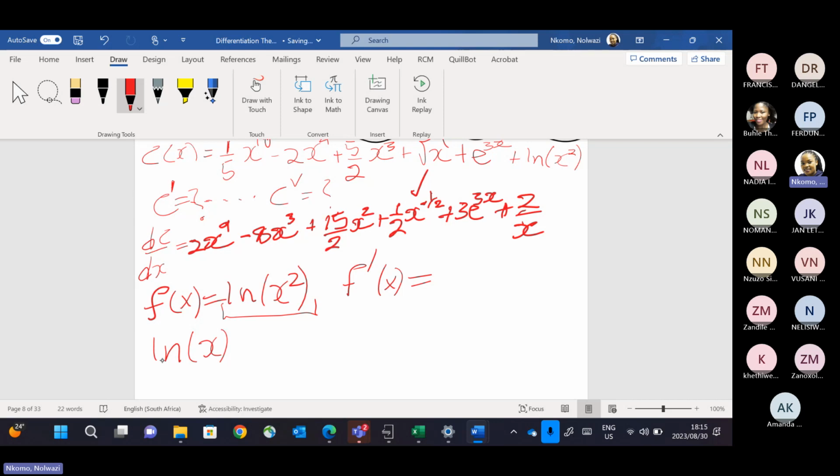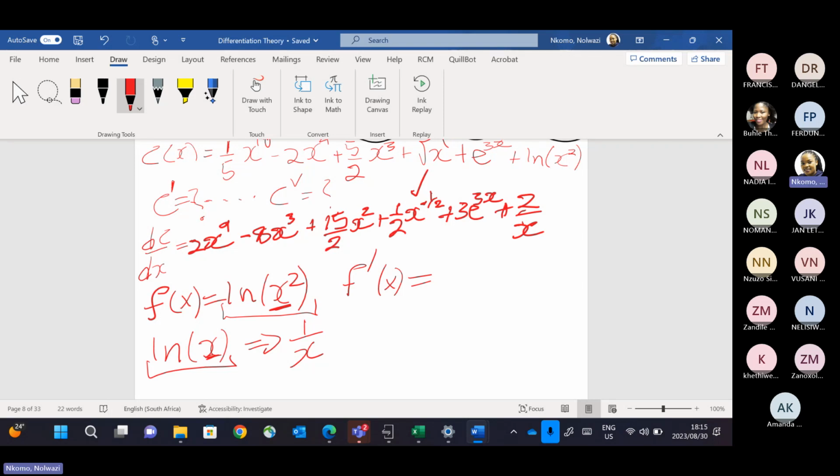If this function was ln x, then our derivative was going to be 1 over x. But instead of x, we have a function inside, which is x squared. We don't have just x, right?